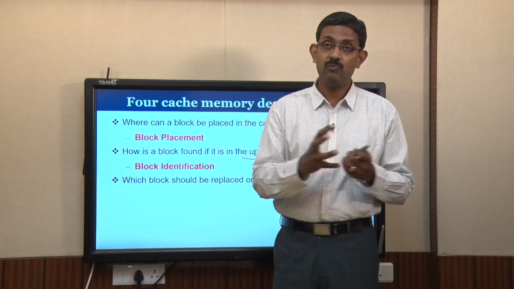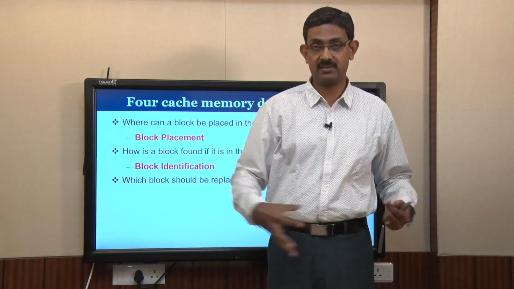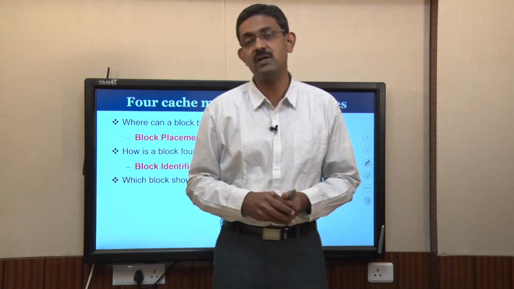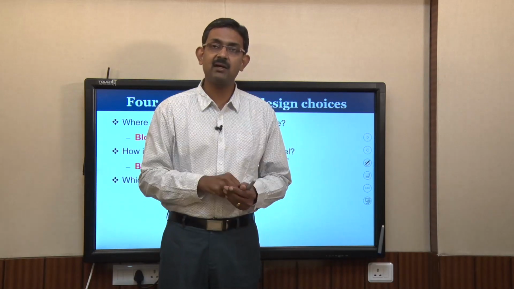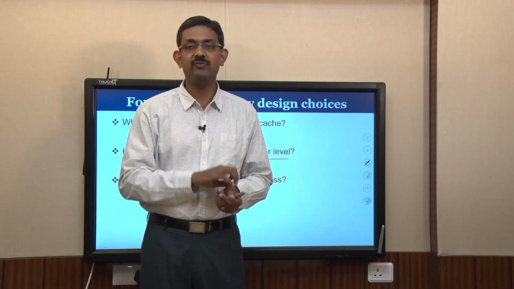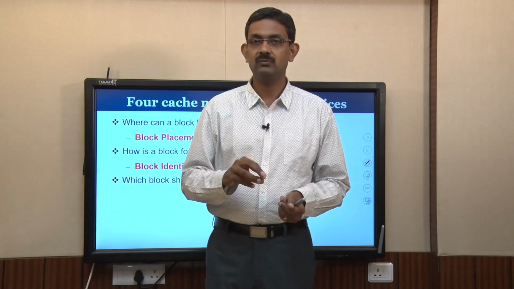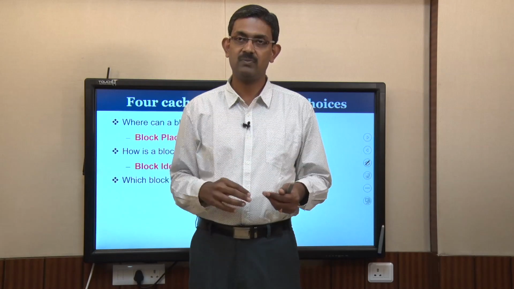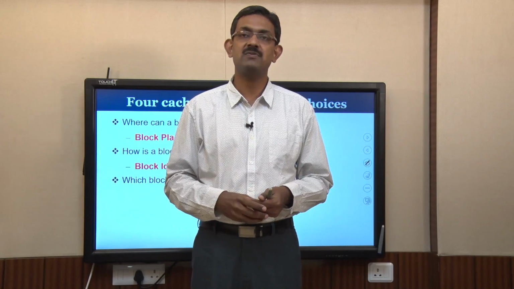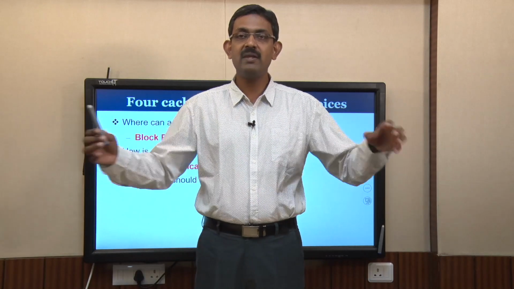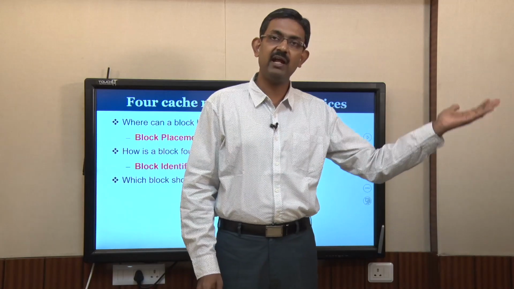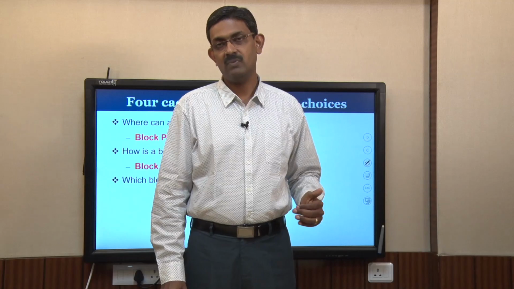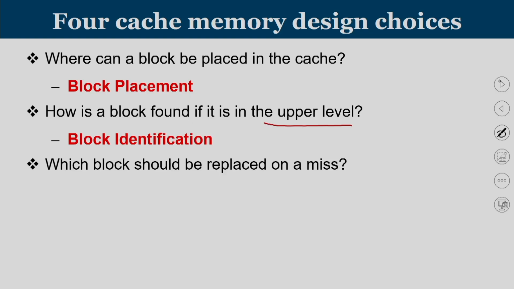But when you have multiple target locations where I can potentially keep my incoming block, one of the existing blocks has to be removed. That is what is known as replacement. From among many blocks, one block has to be chosen and taken out, giving way to the new block, and that is called block replacement.